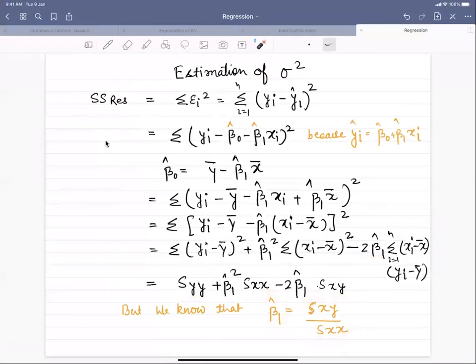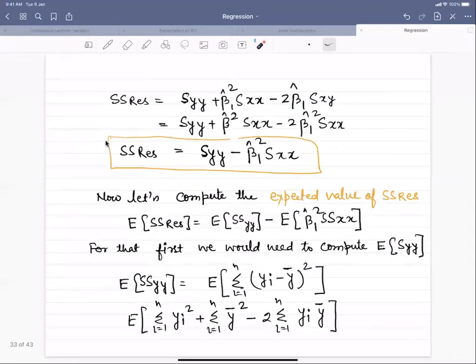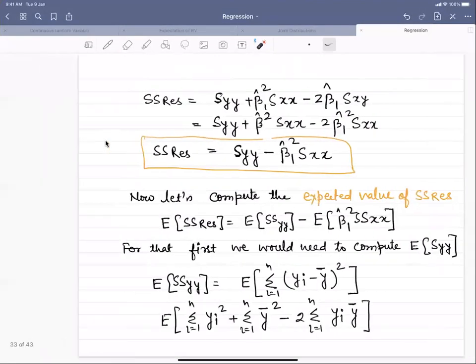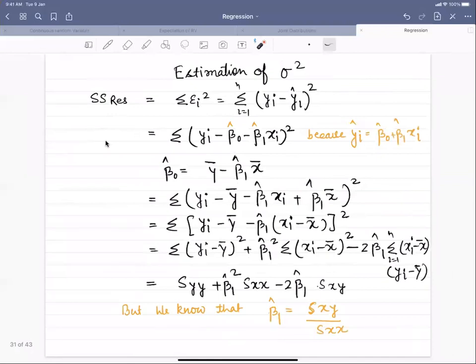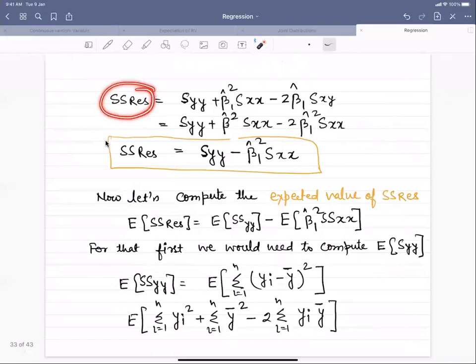So we can replace this here. Then we are replacing it here totally. So this will become the sum of squares of residuals: Syy plus beta 1 square Sxx minus twice beta 1 cap Sxy. So Syy plus beta 1 square Sxx is already there.